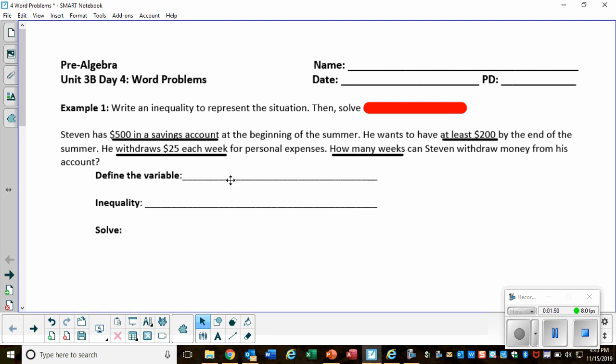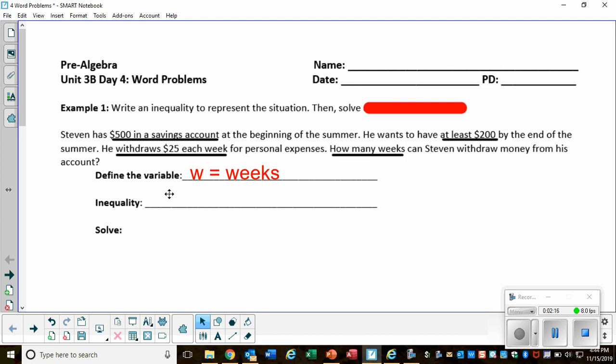We're first going to define our variable. Because they're asking how many weeks, that's going to be our variable. W for weeks, or X for weeks, or whatever you need to do to define your variable. Okay? So our inequality, we're going to go from start, during, and then our end. Okay? So we have $500, and he's taking away $25 each week. So withdrawal means to subtract.